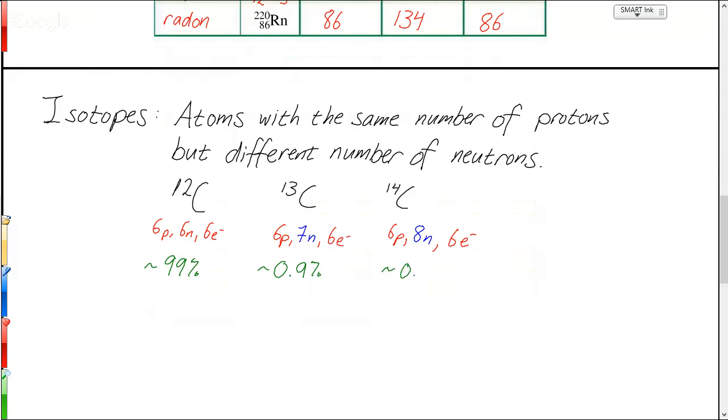Carbon-14 is really less than that, but we'll say about 0.1%. So if you average those together, a weighted average, you get 12.011. And that's where those red numbers on the periodic table come from. Those are the atomic masses, which are the averages of the isotopes.